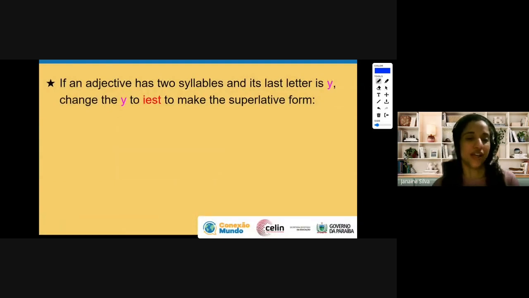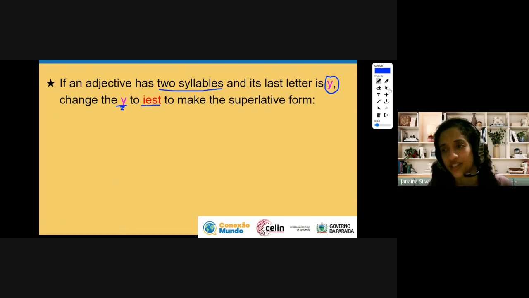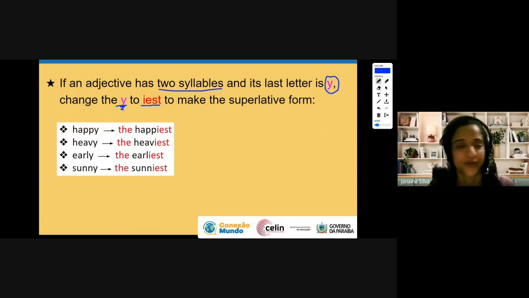Now, if an adjective has two syllables, students, and its last letter is Y, change the Y to IEST to make the superlative form. So, using the same example as for the comparative form, happy became the happiest.